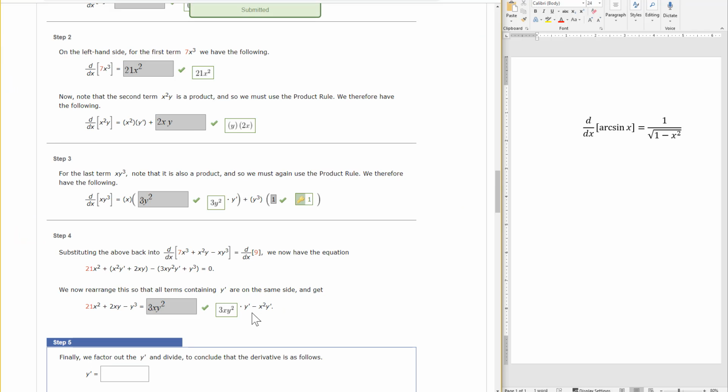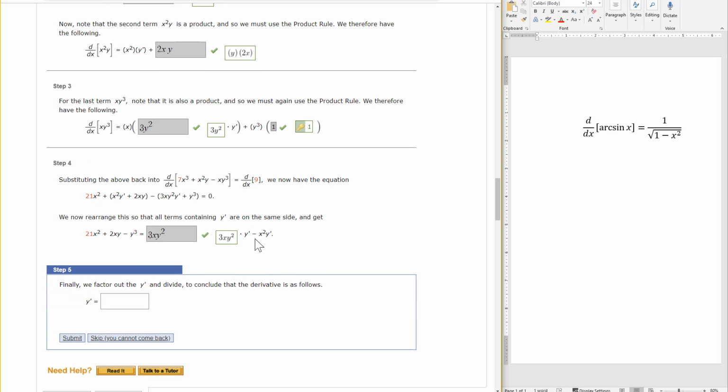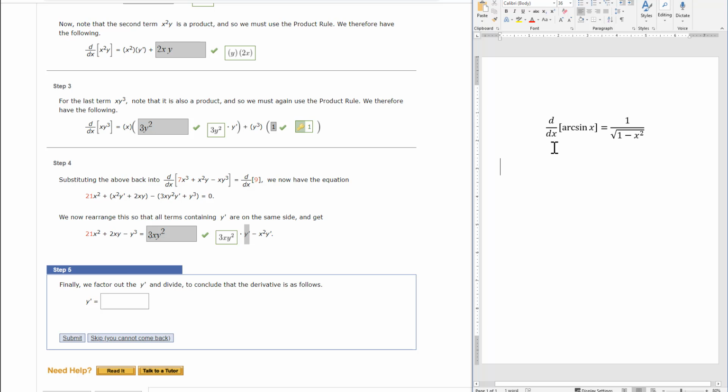Now that we have everything that has a y prime on one side, we're going to factor out the y primes. Meanwhile, the other side would still be this thing. And then after we factor out, we're going to divide out by that factor. Actually, let's take our time here and see what's going on, just to be absolutely sure about what we're doing.